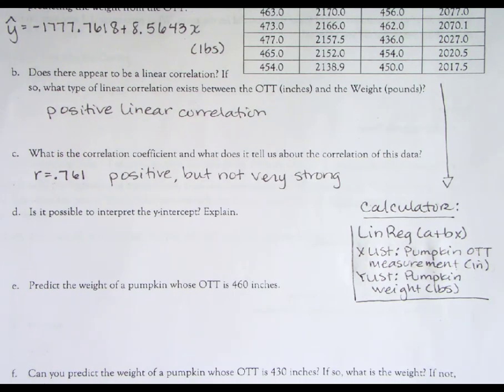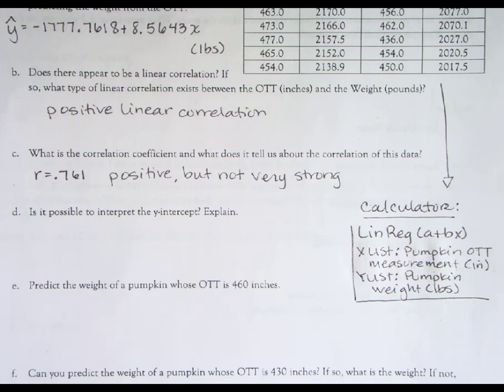We want to know now, is it possible to interpret the y-intercept? And whether or not, you want to explain. The y-intercept is the value at which we cross the y-axis. It's also what we consider our b sub 0. If you look at your linear regression equation, that is the value of negative 1,770. This would be the value of our initial starting position, or the weight that corresponds to an OTT of 0.